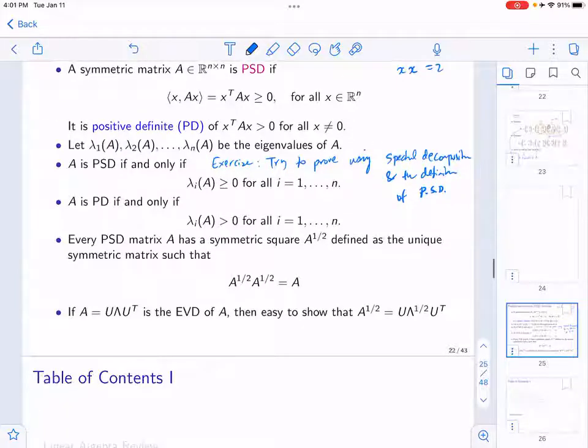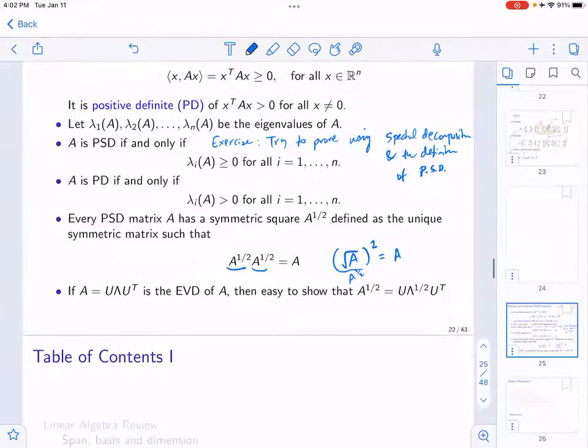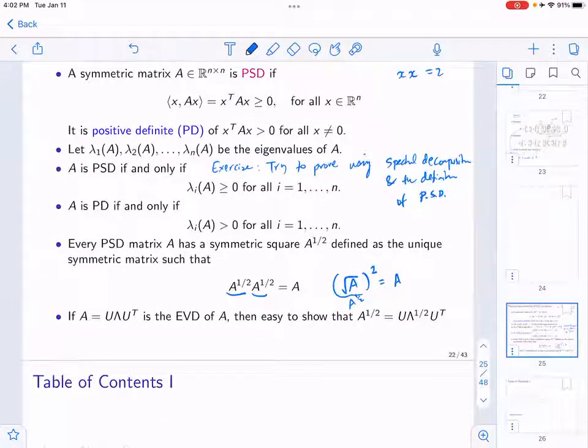The same goes for a matrix because we have matrix multiplication. A square root of A is a matrix such that when I multiply it by itself, it gives me A. In other words, A^(1/2), or if you want, root A, is a matrix such that when I square it, it would give me A. This or this are the same, it's different notation. And every positive semi-definite matrix has a symmetric square root.